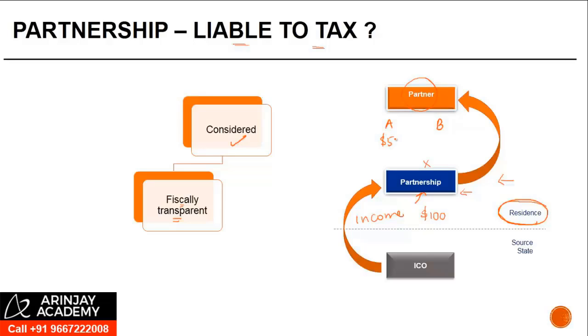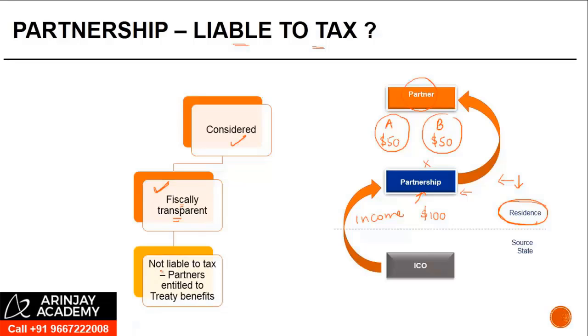So A gets $50, B gets $50. The taxation in the country of residence is in the hands of the partners. The firm is treated as fiscally transparent. In such a case, it is not liable to tax in the country of residence, and therefore it is not entitled to the benefit of the treaty. But the partners, A and B, because they are liable to tax in the country of residence, will be able to claim the benefit of the treaty on the respective $50 of income that they get.